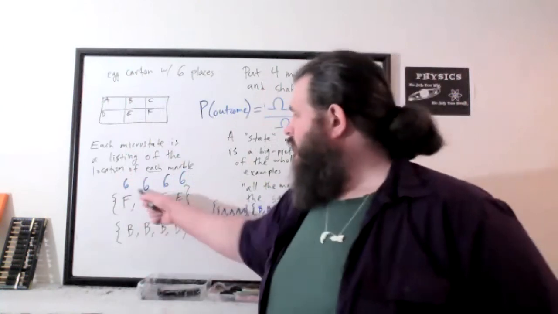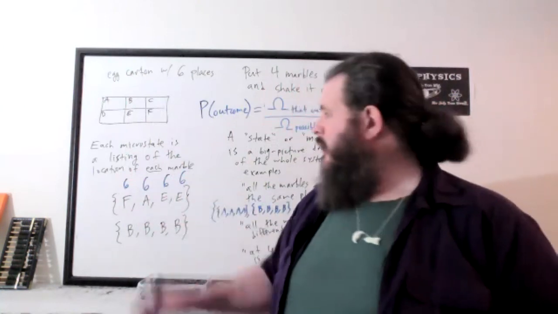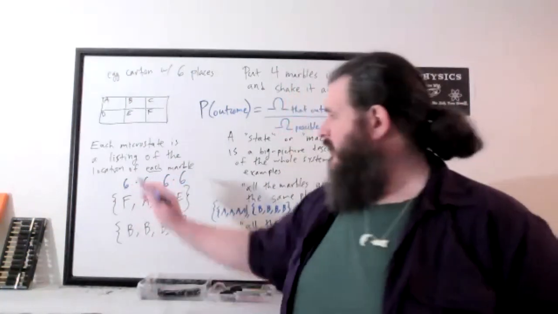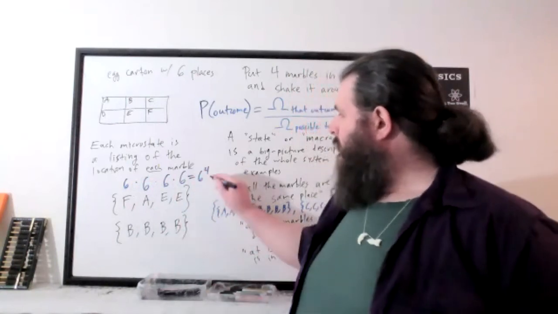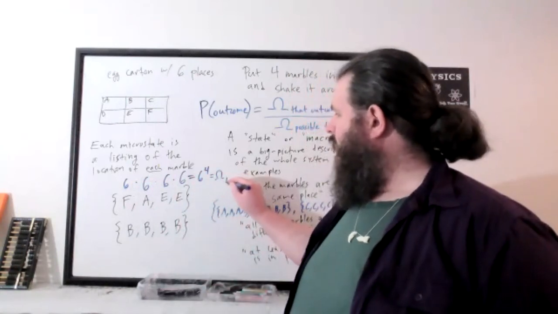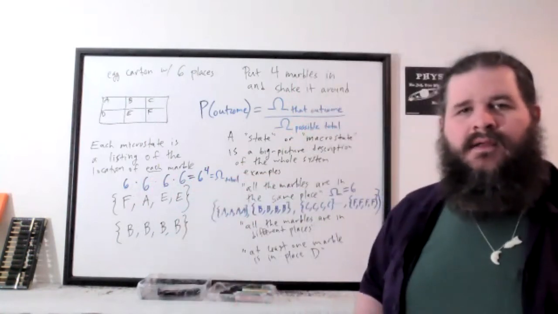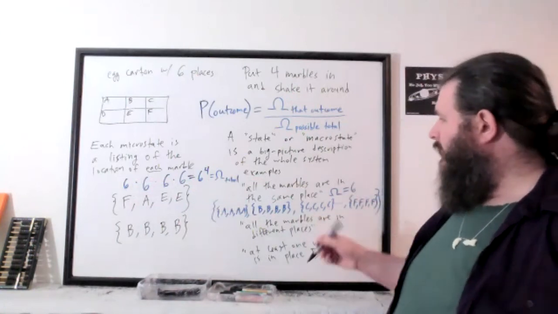There's 4 separate events that are completely independent. They don't influence each other at all, which means we should be able to just multiply those numbers of outcomes together. 6 times 6 times 6 times 6. So that would be omega total, the total number of possible microstates. And we know there's 6 microstates associated with this outcome.